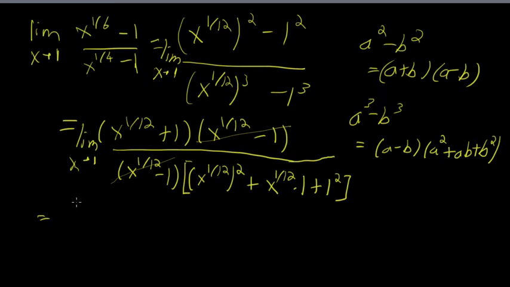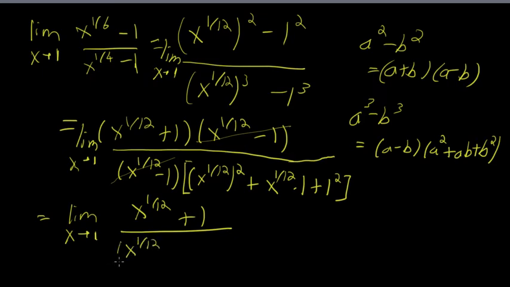And if we go ahead and evaluate this limit, I'll write it more clearly. Limit as x tends to 1, x to the 1/12 plus 1 in the numerator. The denominator we have x to the 1/12 squared plus x to the 1/12 times 1, which is just x to the 1/12, plus 1 squared, which is just 1.